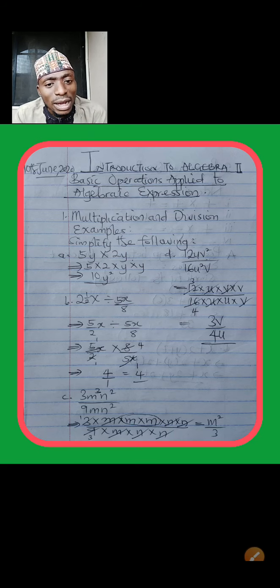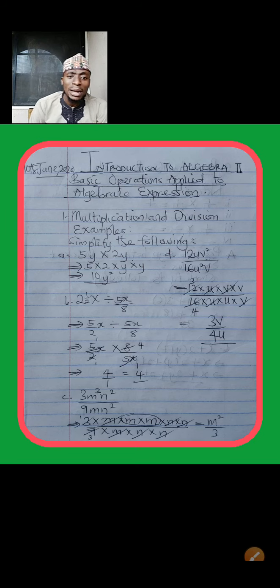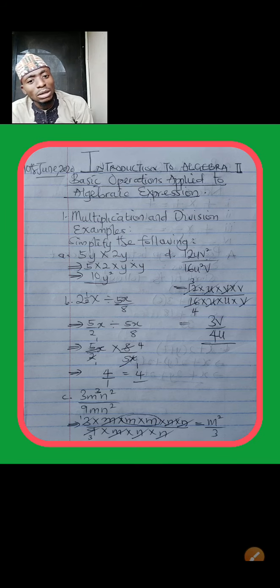So we're having 3 over 4u, because I have broken 1 u at the numerator and I'm left with only v. So I'll multiply the letter by the number at the numerator. I will get 3v. Then the denominator will be 4u. That's as simple as that.